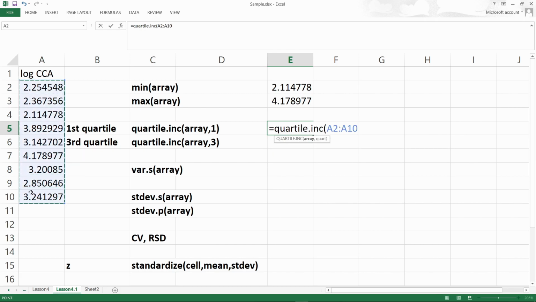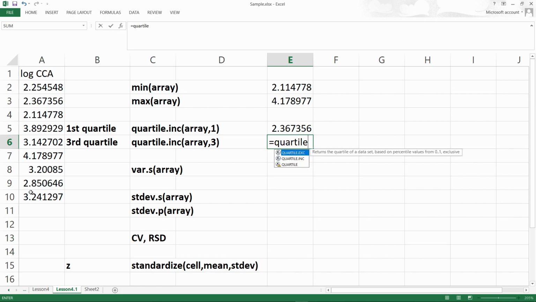Highlight the cells that you want, then type in the first number for the quartile, the first quartile, and then this will be your third quartile. So this is the first quartile and third quartile for this sample data.